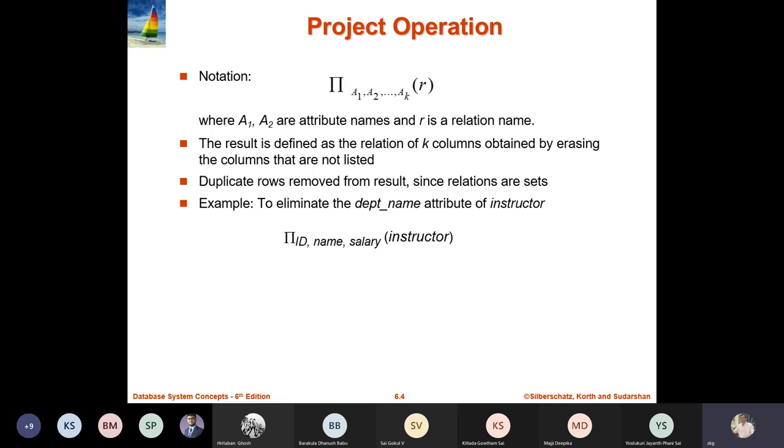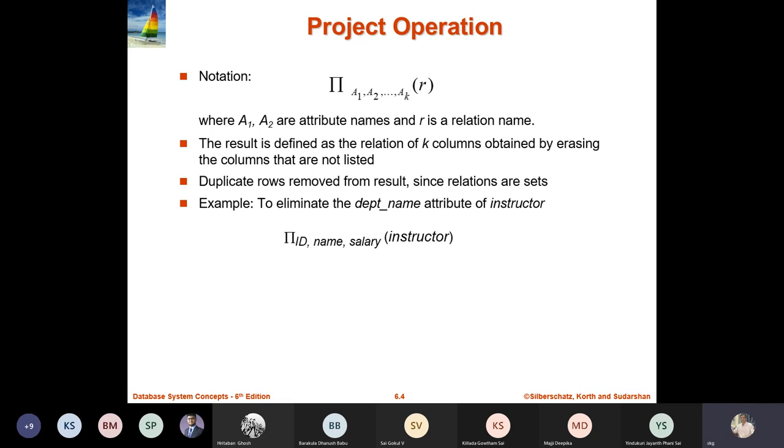Like in this example, from the instructor relation again, we are projecting the ID, name and salary. So it will be output as ID, name and salary in this resultant relation. Duplicate rows are removed from the result since relations are sets, right?